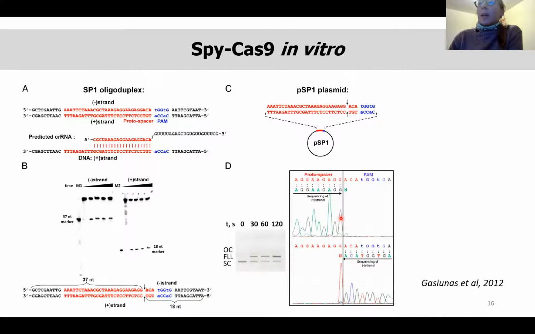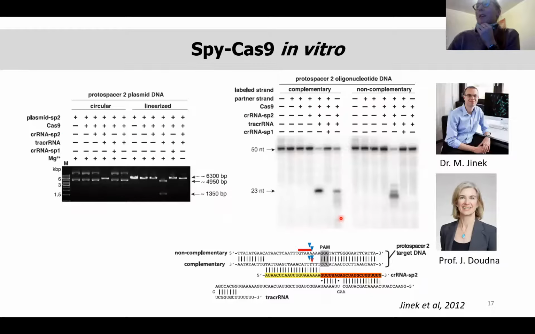Unfortunately, this paper got retracted, and then another paper was published, which came from Jennifer Doudna. But both papers show very similar results, as you can see in this figure.